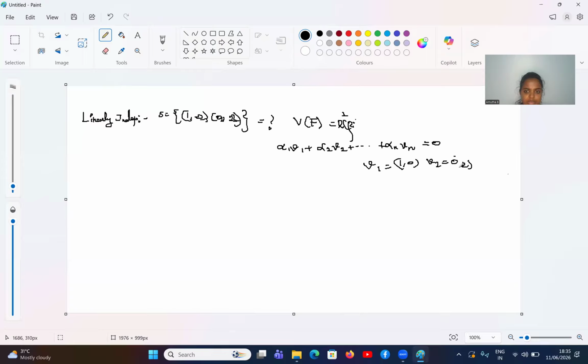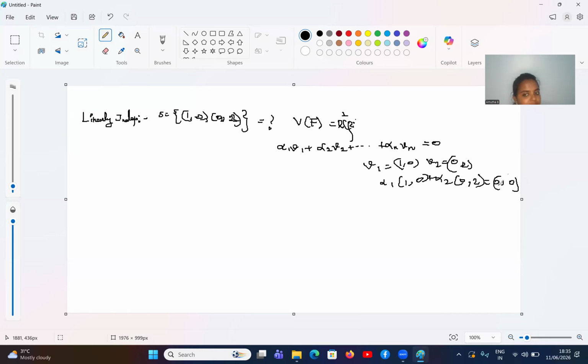Only two vectors we have. So we write alpha 1 times (1, 0) plus alpha 2 times (0, 2) equal to 0, that means (0, 0) in R2.